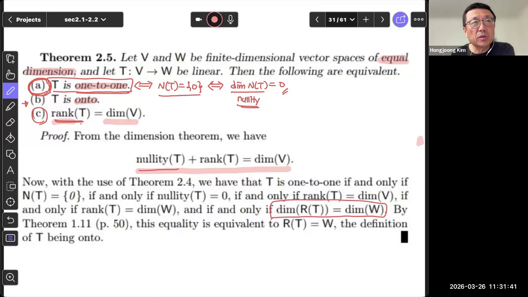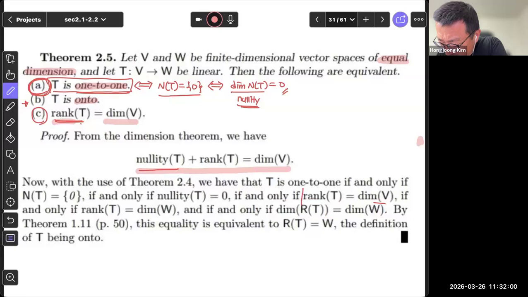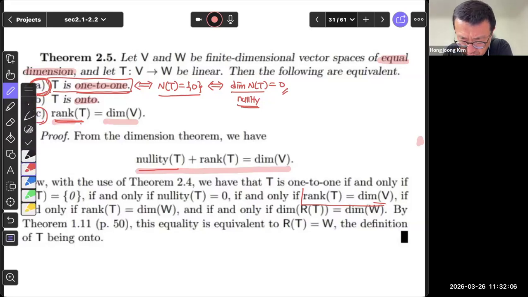And what was the assumption? The dimension of the domain and the dimension of the codomain are equal. Oops, sorry, not this one. So the point is, this is what I'm telling you.